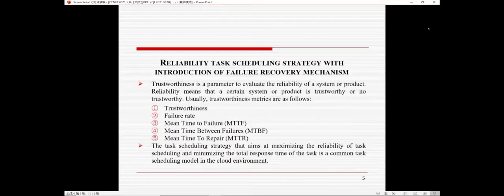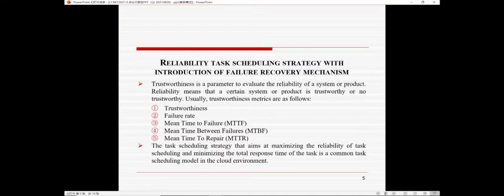The second is that trustworthiness is a parameter to evaluate the reliability of a system or product. Reliability means whether a certain system or product is trustworthy or not.